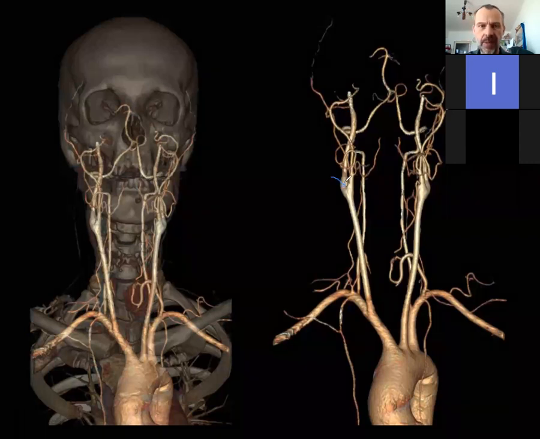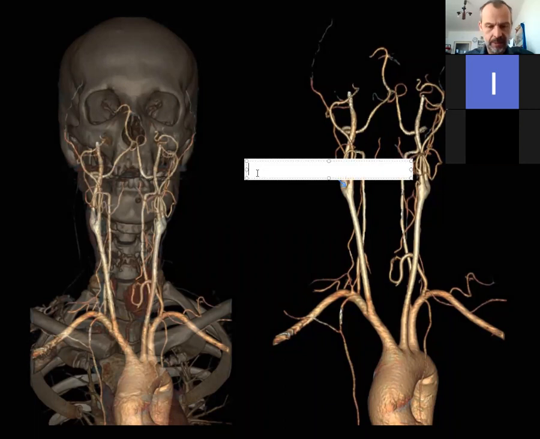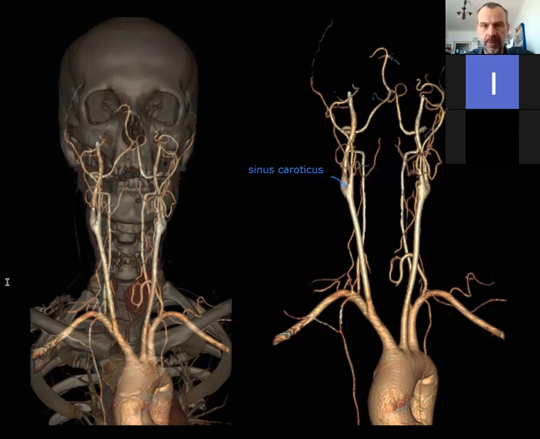Yeah, and this we call carotid sinus. Yeah, it is necessary not to mix it. So sinus caroticus, or the carotid sinus, that's baroreceptor.